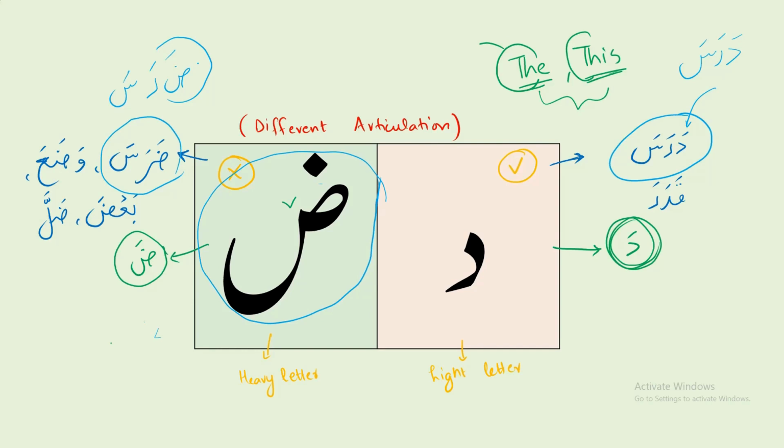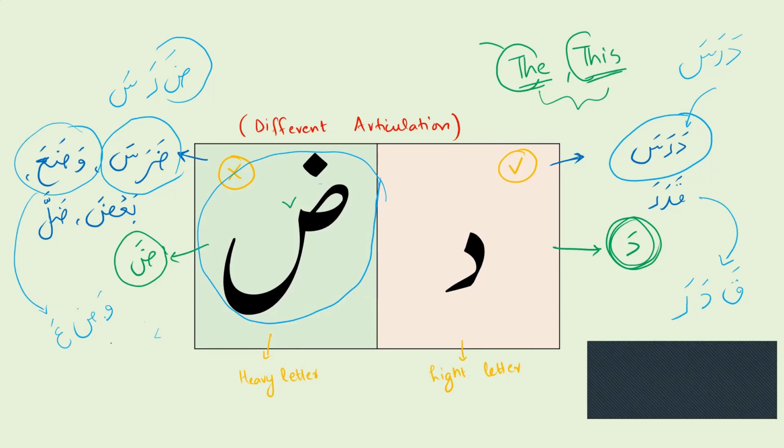Bo, bo, ra, sa. Let's take another example of this word here, which is abara. Qaf, dal letter, and ra letter. A, da, ra. Now let's take an example of the bod letter here. Let's take this example, which is wada'a.